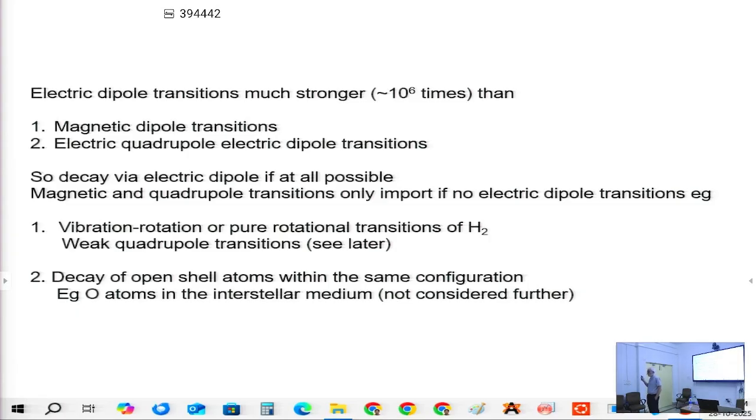The quadrupole and the magnetic transitions are only important if you can't undergo a dipole transition. Now, there are quite a few cases where that's true, so we will talk about some of them. But if it can undergo a dipole transition, it will undergo a dipole transition, so those are the most important. Magnetic dipole transitions tend to be a bit stronger than quadrupoles, but they're roughly competitive with each other.